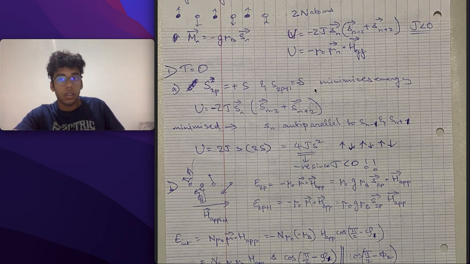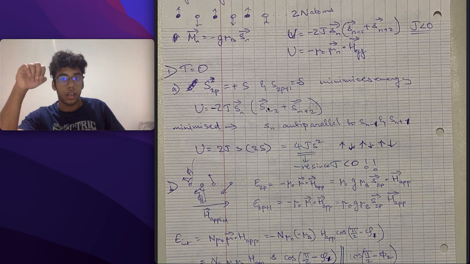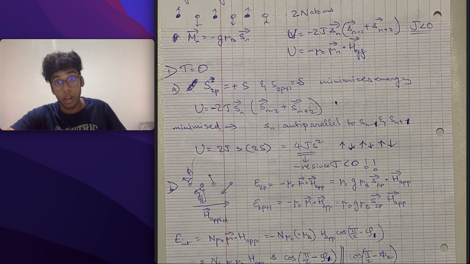We want to find out what arrangement of these atoms minimizes energy, and we see that U is equal to minus 2j Sn into Sn minus 1 and Sn plus 1. So it is the neighbors of Sn, sorry, Sn minus 1 and Sn plus 1.